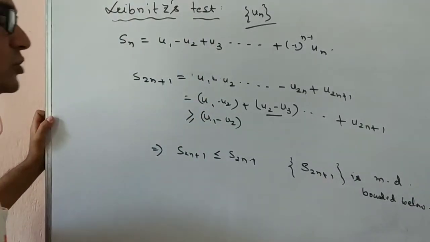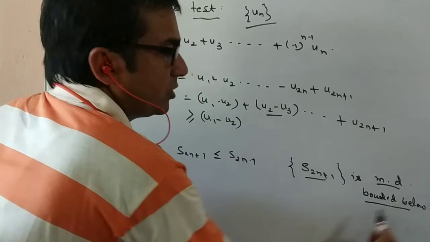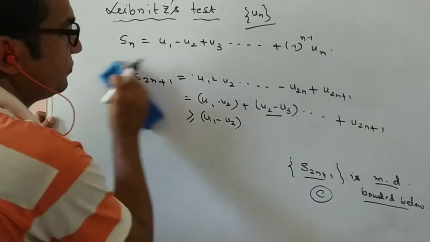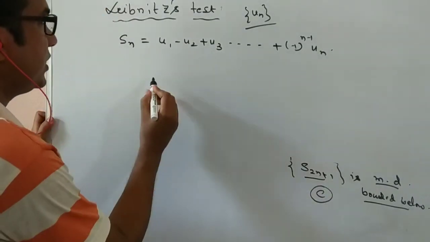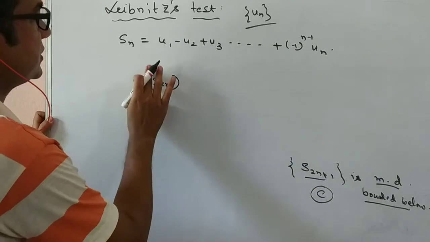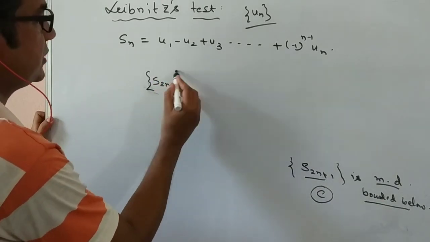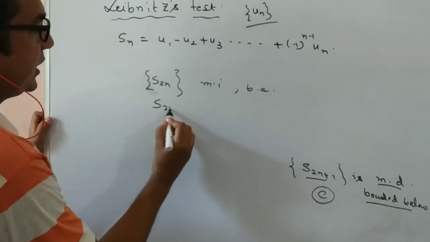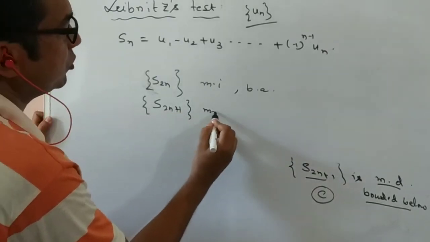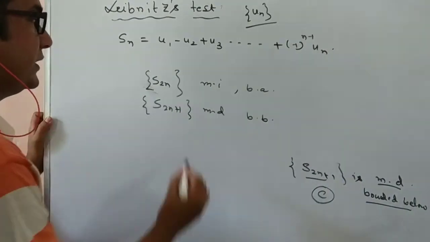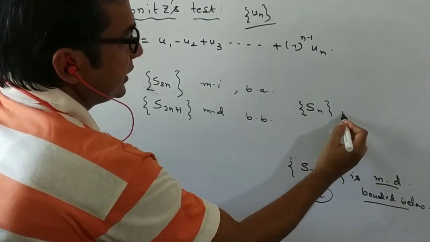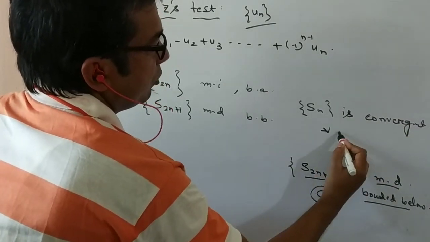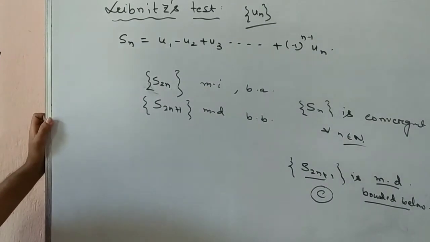So this sequence is monotonic decreasing and bounded below, so it must be convergent. That is, the sequence S2n is monotonic increasing and bounded above, and the sequence S2n+1 is monotonic decreasing and bounded below. That is, the sequence Sn is convergent for all n belonging to capital N.